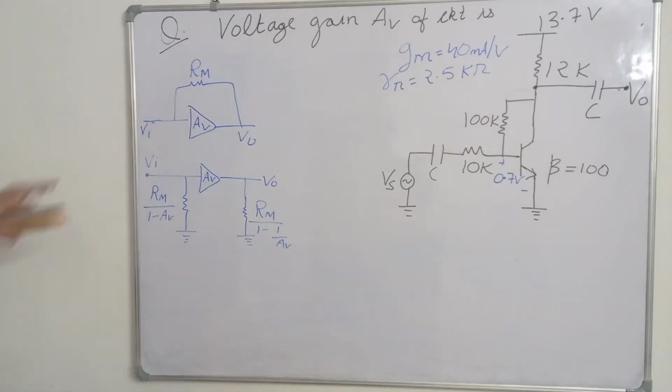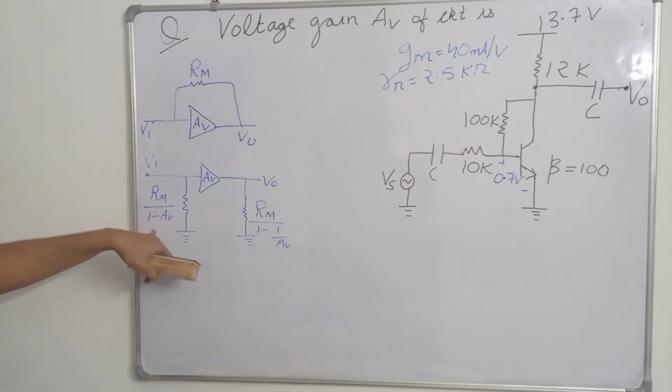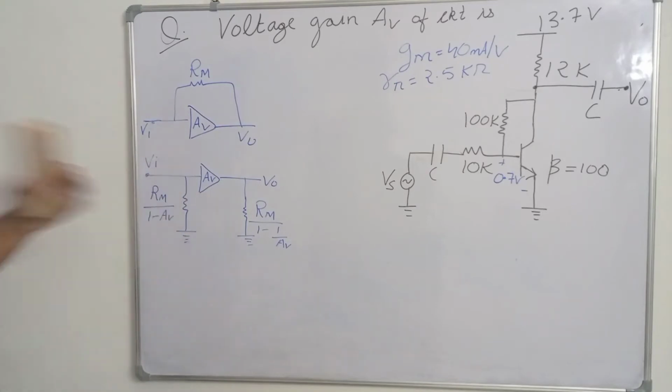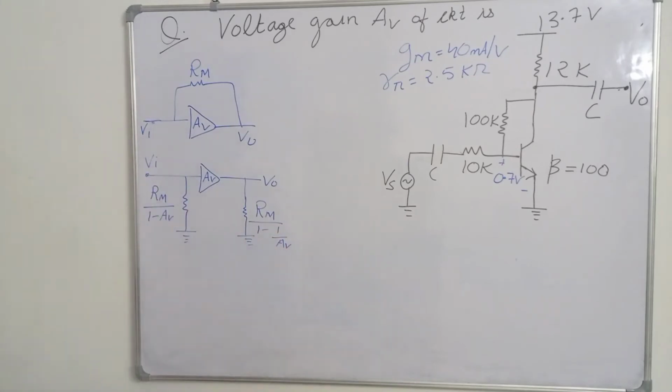So we divide this resistor Rm, which was between input and output node, into two resistors: Rm upon 1 minus AV, between input and ground, and Rm upon 1 minus 1 upon AV, between output and ground.